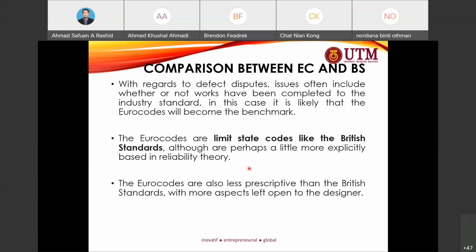The Eurocodes are also less prescriptive than the British standard, with more aspects left open to the designer. So in Eurocode, they provide freedom for the designer to put in their justifications in their design, compared to the British standard, where we need to follow exactly what has been written in the standard.